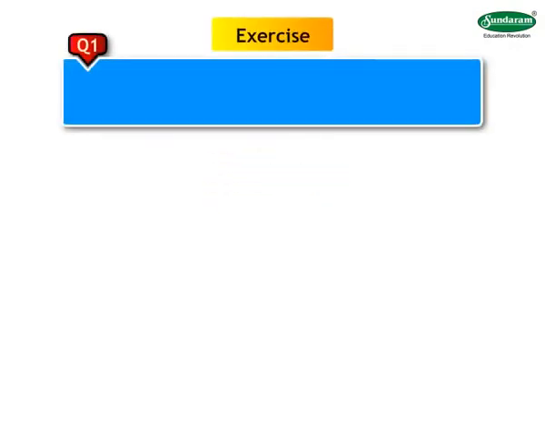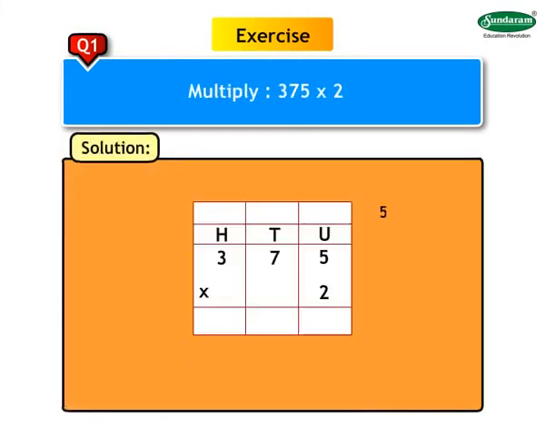We will now do a few examples from the exercise. Question 1. Multiply 375 by 2. 5 units multiplied by 2 is equal to 10 units. Write 0 in the units place and carry over 1 to the tens place.